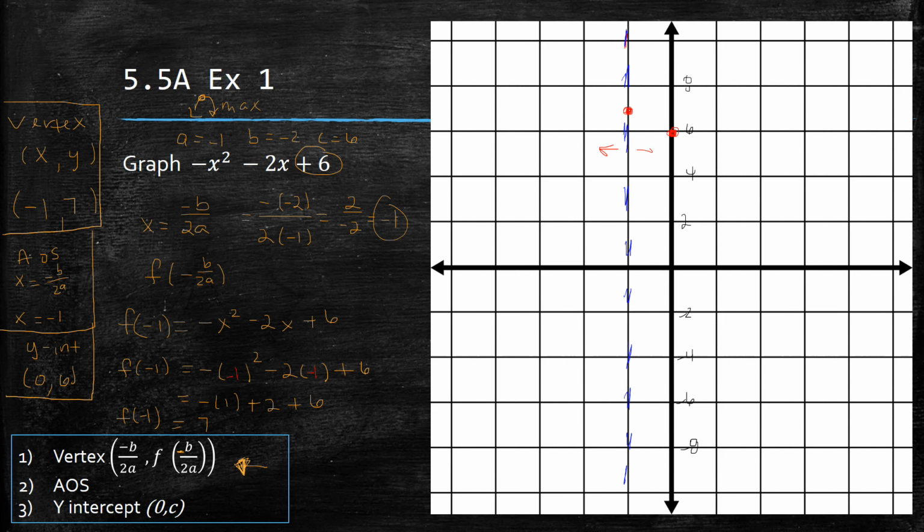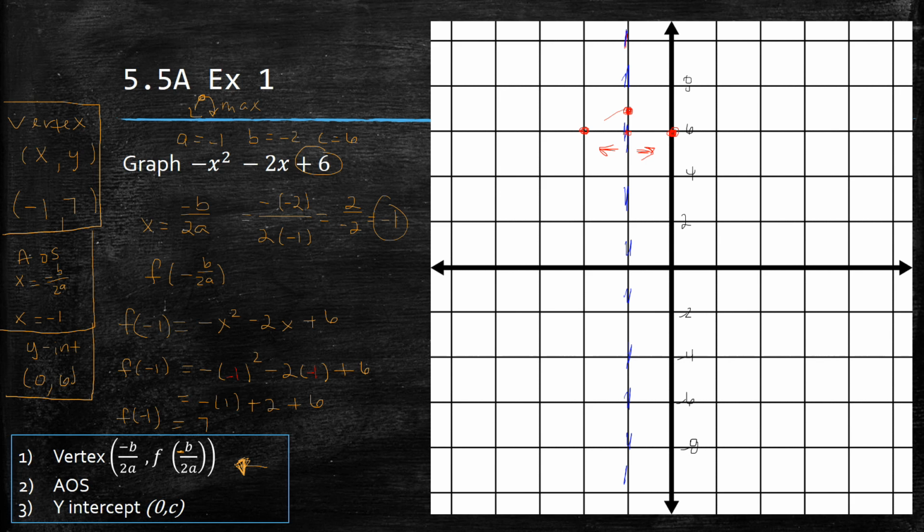Okay, that's why parabolas are symmetric, these quadratic functions. So when we graph it, I can just move the same distance in the opposite direction on that line. So I can plot another point right there. So I have 3 points right here, and you can just connect them to graph your parabola.